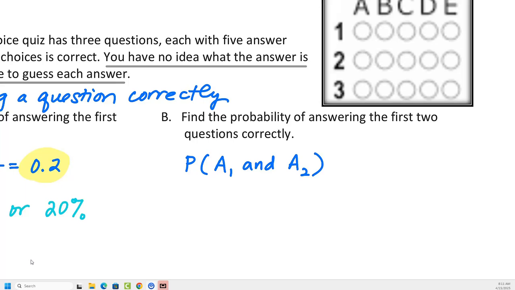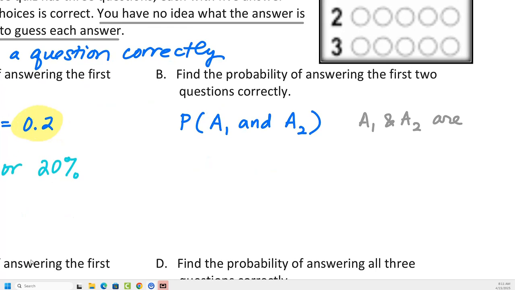Are A1 and A2 going to be independent of each other? Is what you answer for one going to depend on what you answer for question number two? No, it doesn't matter. They can be the same answer or different answers. We don't know. So A1 and A2 are independent.